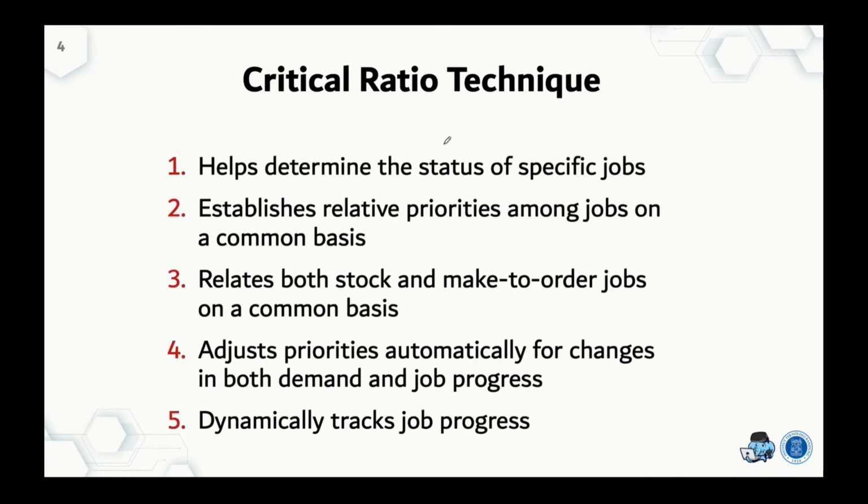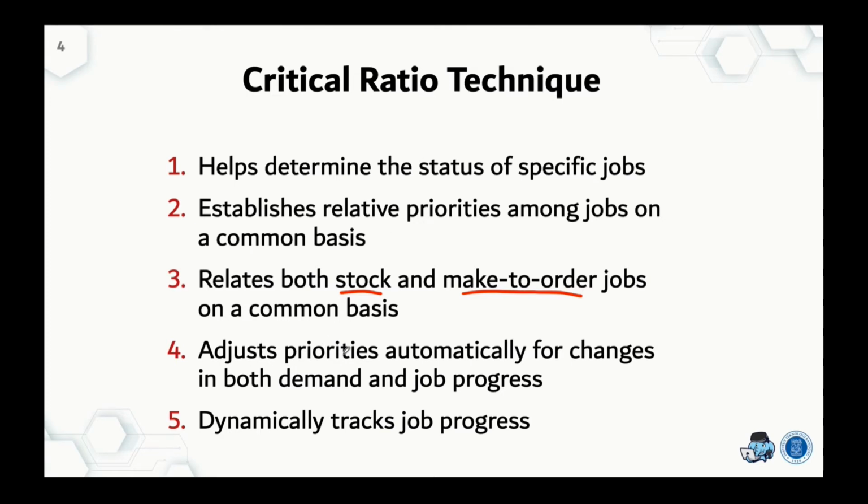The critical ratio technique helps to determine the dynamic status of a specific job, and we can use the CR to establish relative priority among jobs on a common basis, the same basis among jobs. The third one, we can relate stock and make-to-order jobs on a common basis based on the critical ratio as well.